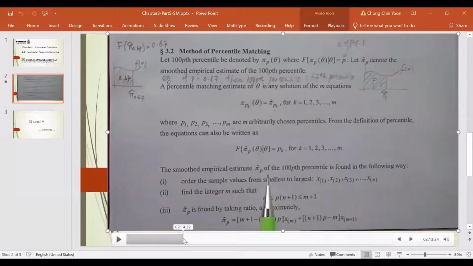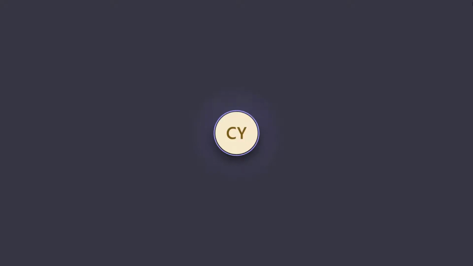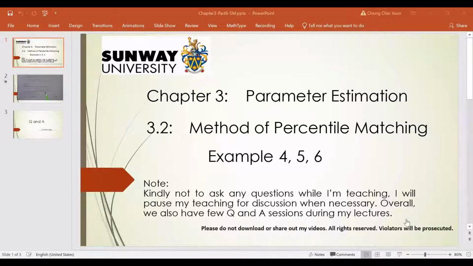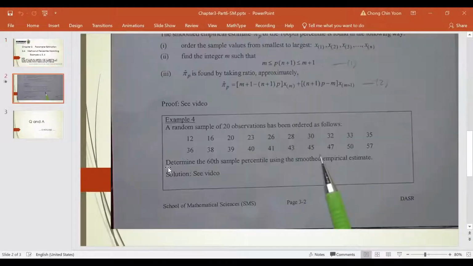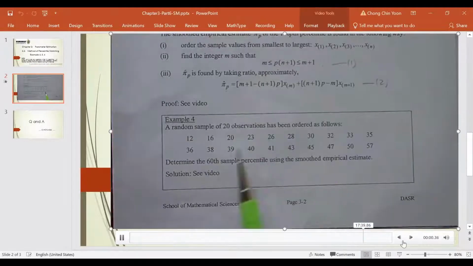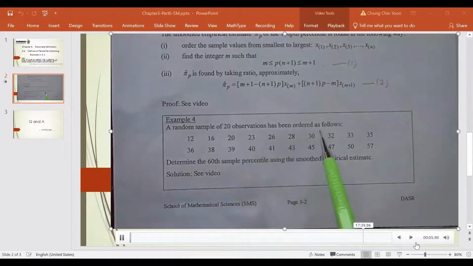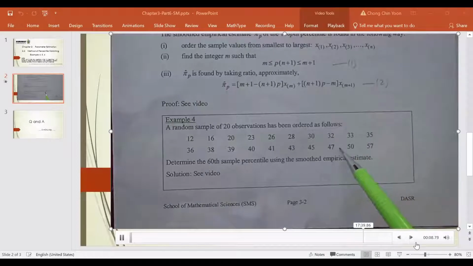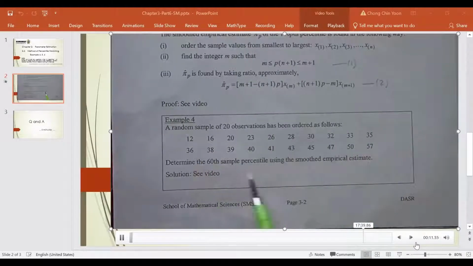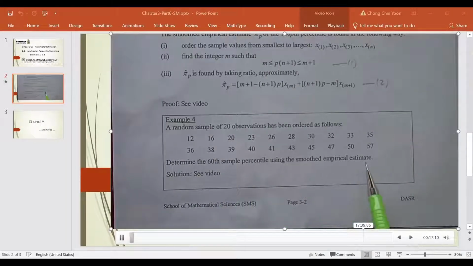I show you example 4, 5, 6. So let's go to example 4 now. Example 4. A random sample of 20 observations has been ordered as follows, where the data is in non-descending order. Determine the 60th sample percentile using the smoothed empirical estimate.